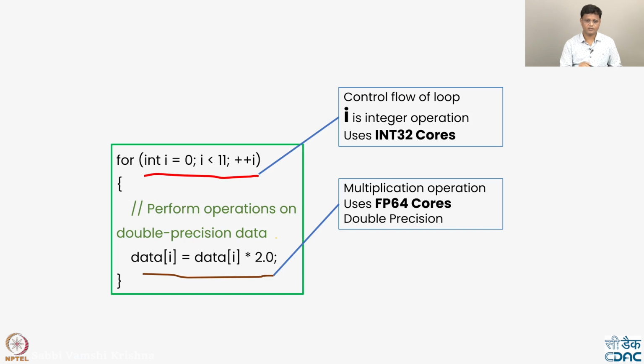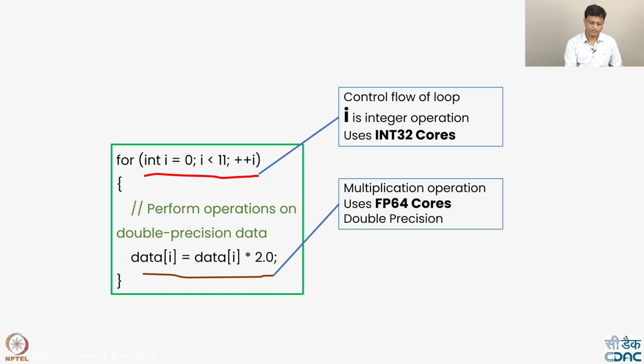Let us see this small program. Everybody is familiar, this is a for loop program, and the for loop is used to execute the loops. But if you look at this for loop very carefully, there are two types of data types available.